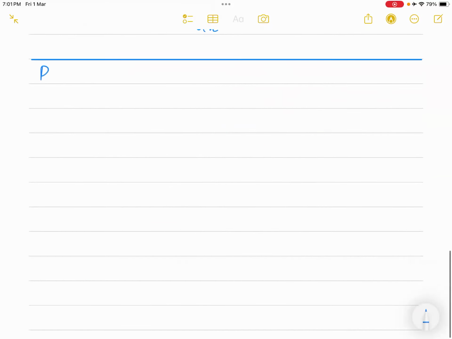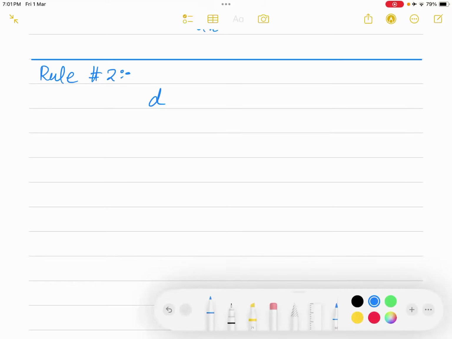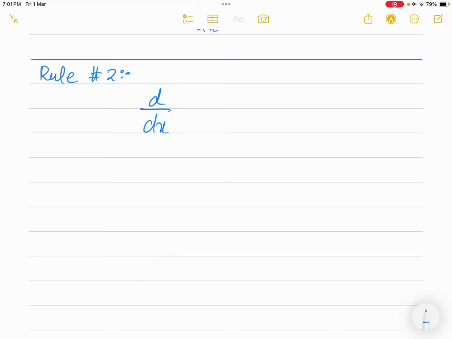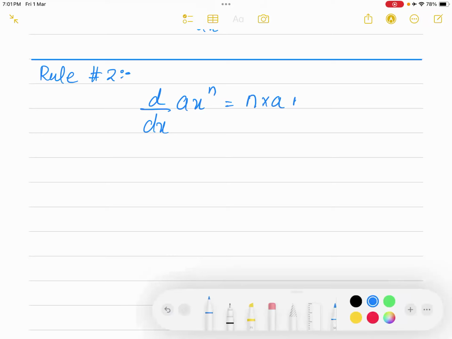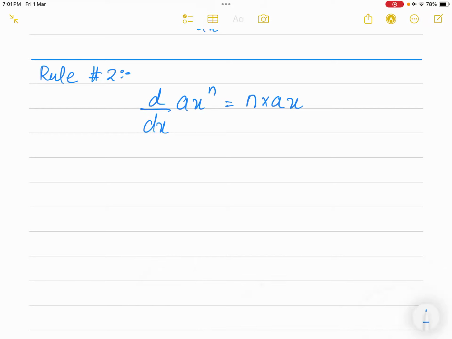Rule number 2 is whenever we take a derivative of, for example, ax power n, we multiply n with a and then subtract 1 from the power.